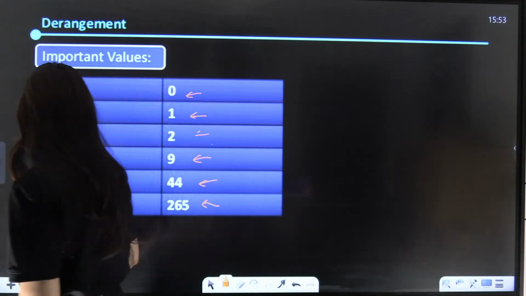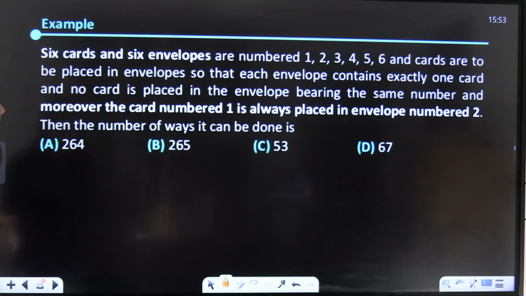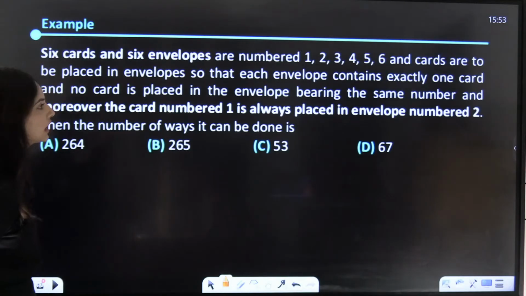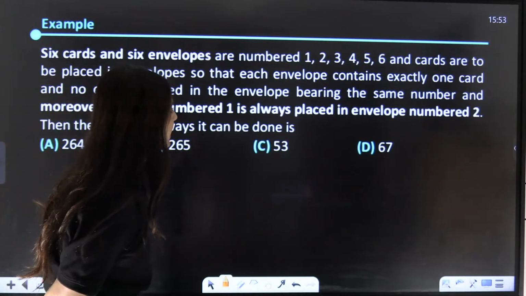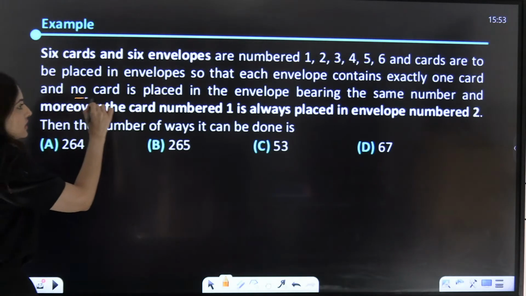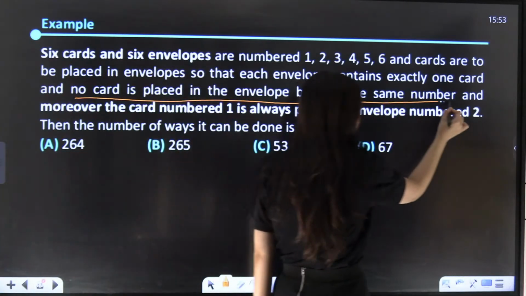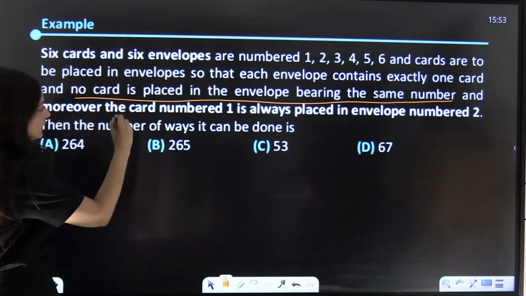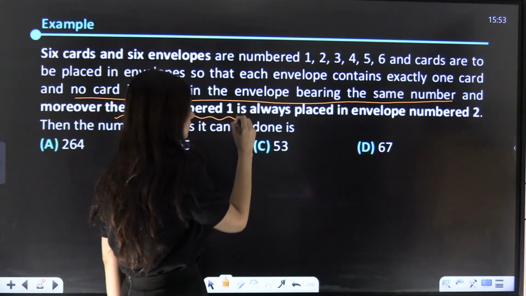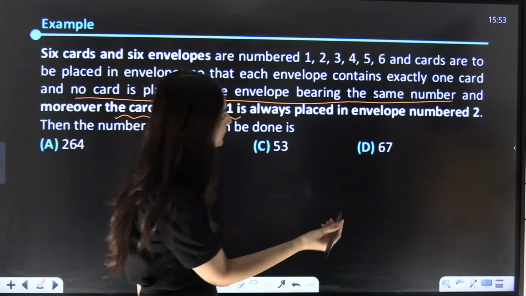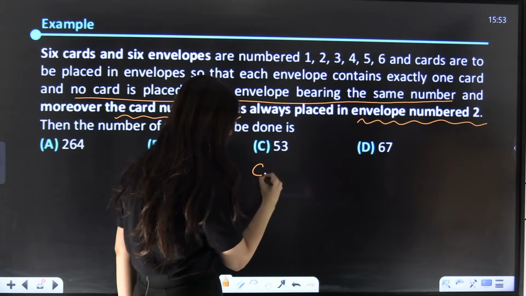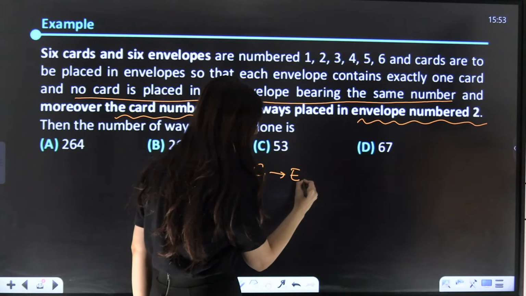Now, let's say we have a similar problem, 6 cards, 6 envelopes. Each envelope contains exactly 1 card and no card is placed in the envelope bearing the same number. Derangement. Now there's a condition. The card numbered 1 is always placed in envelope number 2. Card 1 goes to envelope 2.